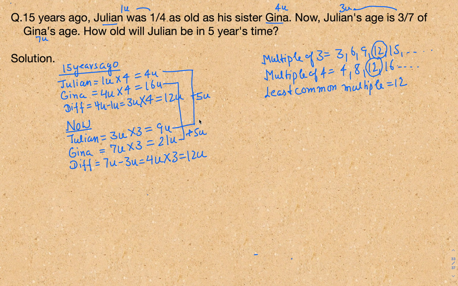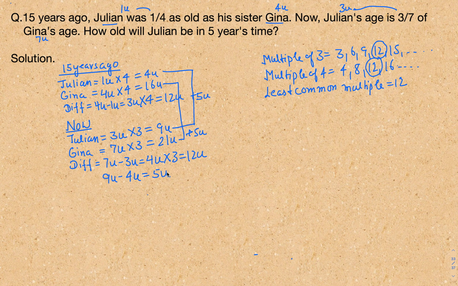And it should be same, right? Because both have grown up by 15 years. So that's why there is a change, right? There is an increase of 5 units from 15 years ago to now. So from here, we can say that, okay, 9 unit minus 4 unit will give you 5 unit.